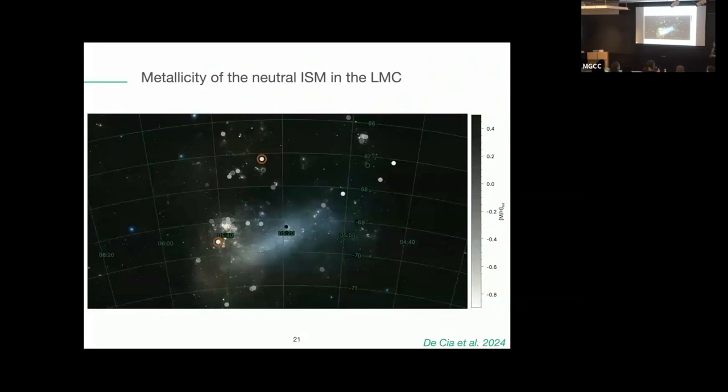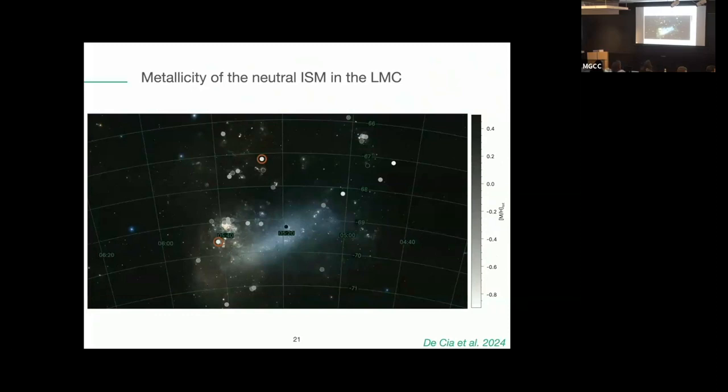It'll be interesting if we can pull out any mixing information. Yeah, and it would be nice to really be able to map this, as this is not so many lines of sight after all. You guys have thousands of stars. Awesome.